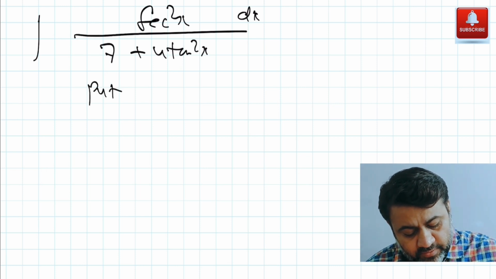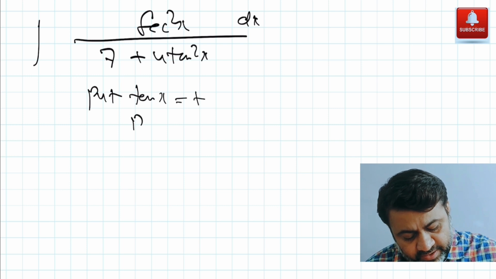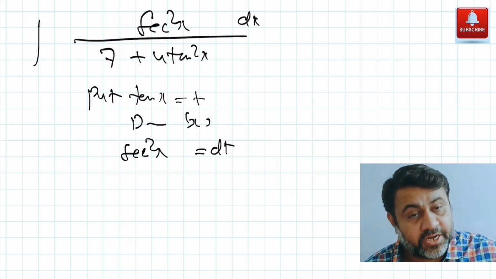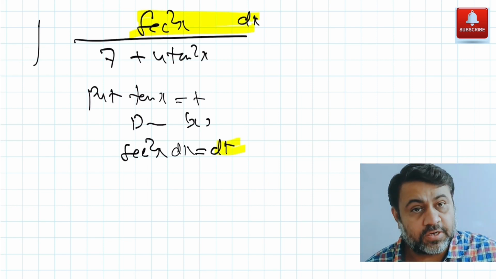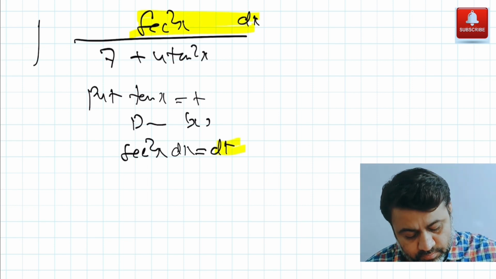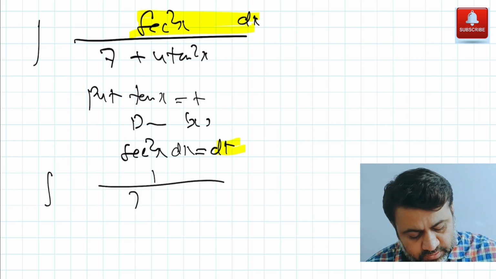If I differentiate with respect to x, the derivative of tan x is sec square x, and the derivative of t is dt by dx. Taking dx to the other side, sec square x dx is just dt. So the problem has become very easy for us. Now this is just 1 by 7 plus 4 times t square dt.